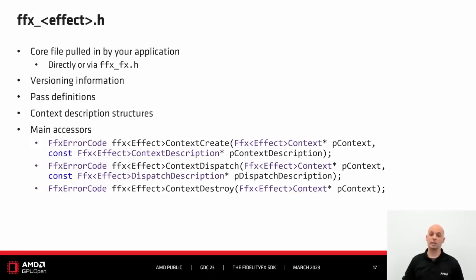Lastly, each effect header will define the main effect function signatures: context create, context dispatch, and context destroy. What they do should be fairly self-evident. As a note though, some effects, for instance FSR2, can have more functions exposed when additional functionality is present, like autoreactive mass generation. However, for the most part, most of our effect components only expose these three core functions.